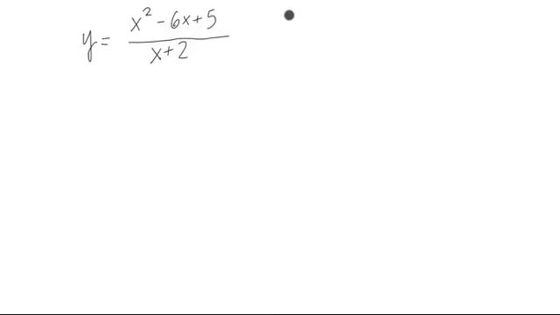First, write this as a polynomial with no division in it. We're going to factor the top as (x minus 1)(x minus 5). Then on the bottom, just bring that up, x plus 2. Thinking about this, the leading term comes from multiplying leading terms together, x cubed.